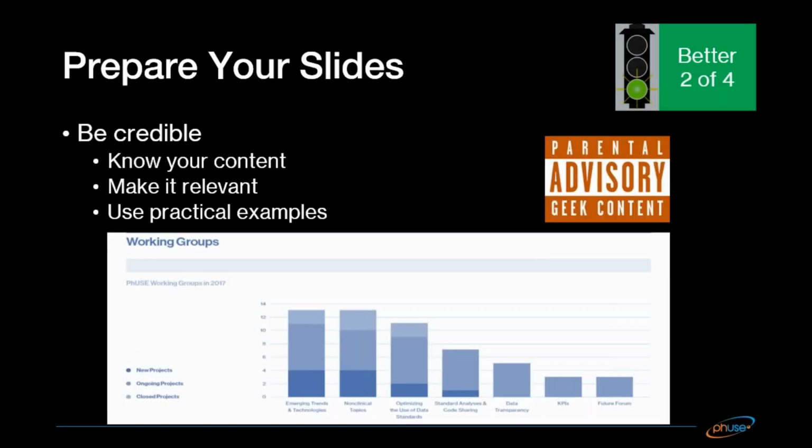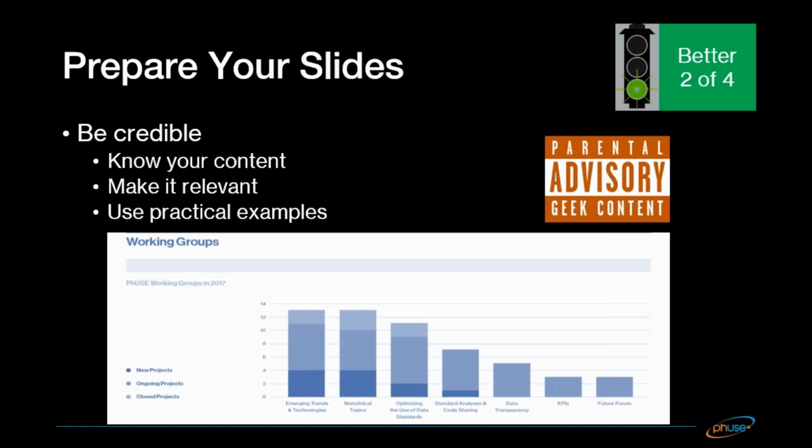Second element is obviously you need to be credible. The audience need to believe what you're saying to them. And a big part of that is doing your preparation work. As I said earlier, you need to know your content, but you also need to make it relevant. So there's no point in, for example, as I put up here, an image of information from the PhUSE working groups.